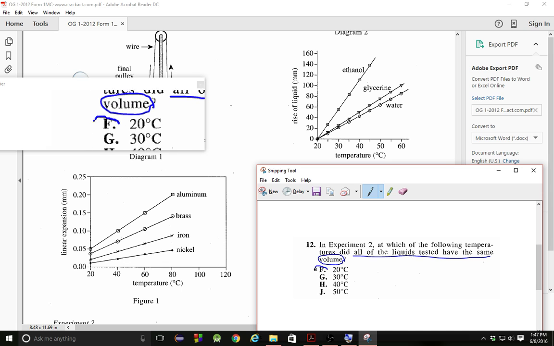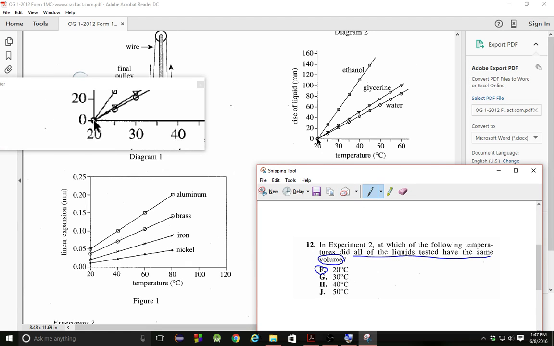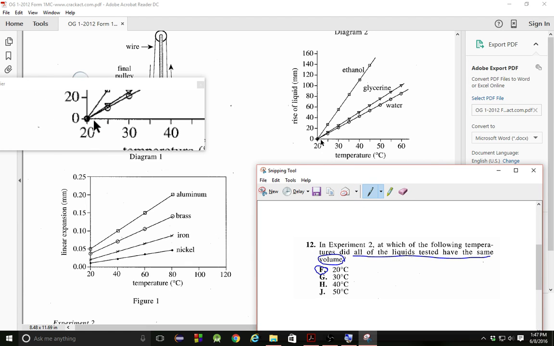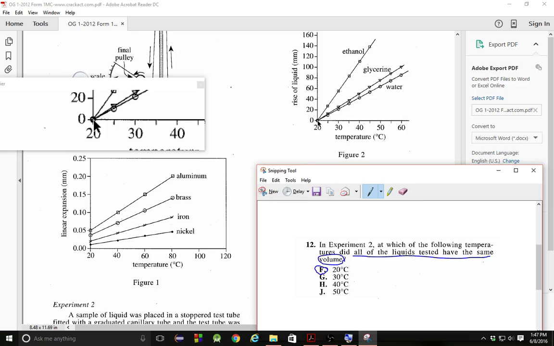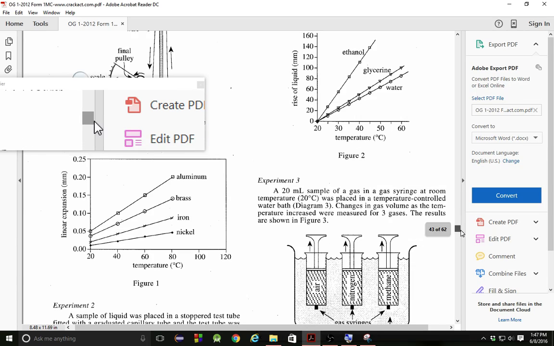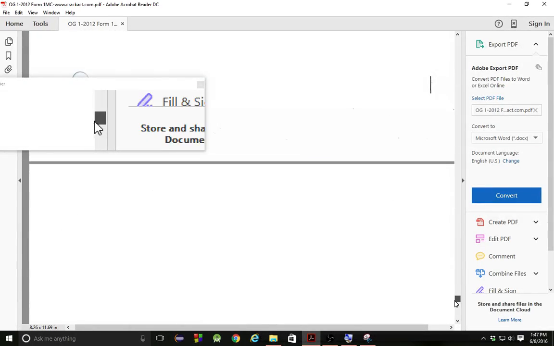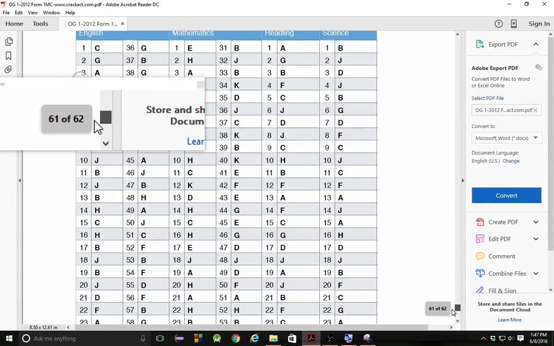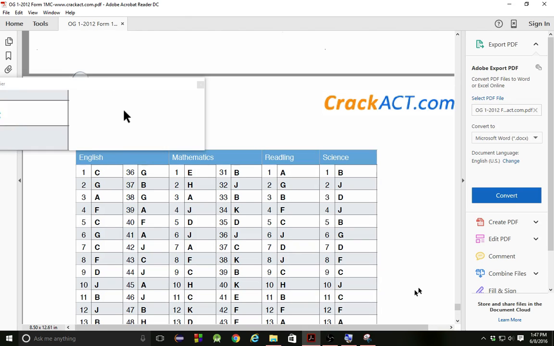There is 0 rise of the liquid there, and all of the materials have an equal rise of liquid. So let's go down and check the answer. I believe the answer is F. Science, we're on number 12. Yes, I'm correct. The answer is F.